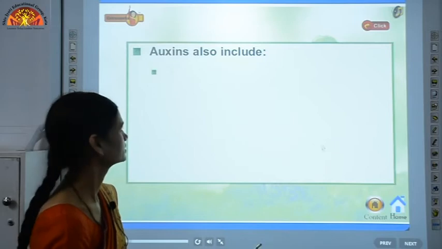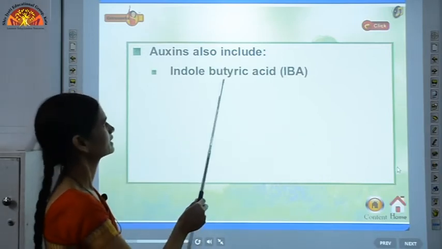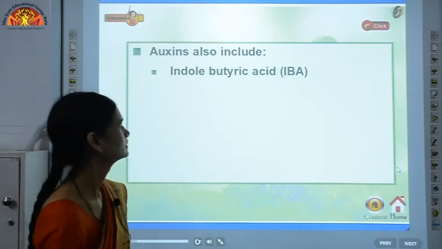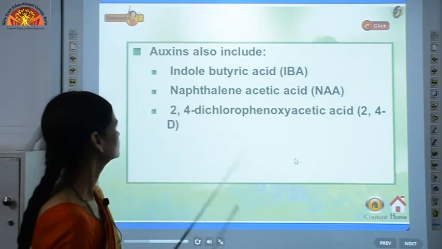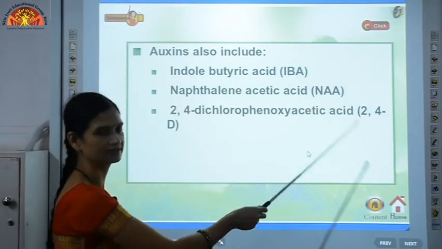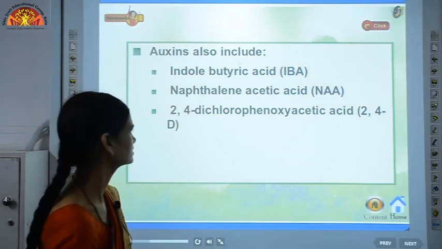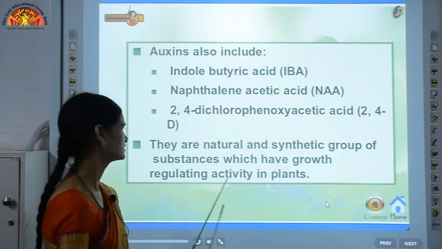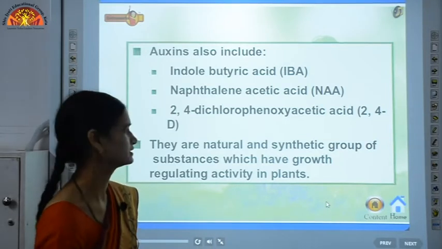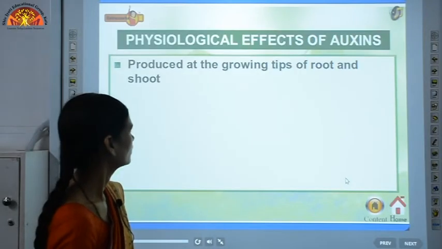Auxins also include certain other substances like indole butyric acid, naphthalene acetic acid, 2,4-dichlorophenoxyacetic acid, जिसको 2,4-D कहते हैं short में, and it is also used as a pesticide, weedicide. They are a natural and synthetic group of substances which have growth regulating activity in plants. So we saw that there are different kinds of auxins.